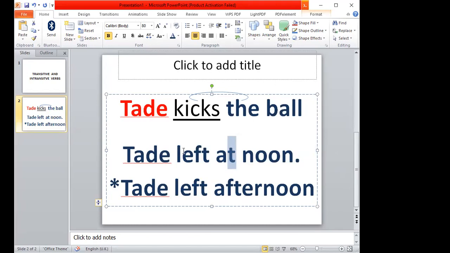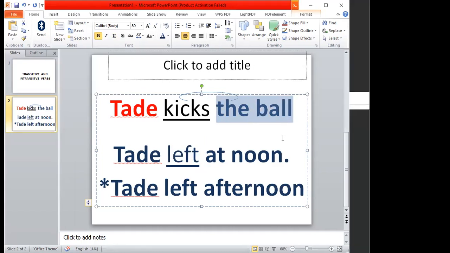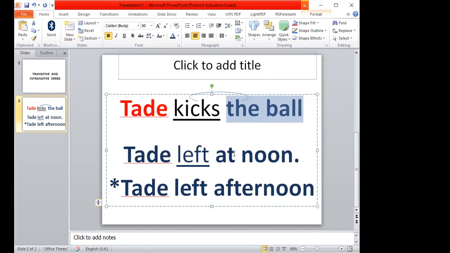So the verb that I've used here is not a transitive verb. It is an intransitive verb. Why? Because I do not have a direct object beside it.